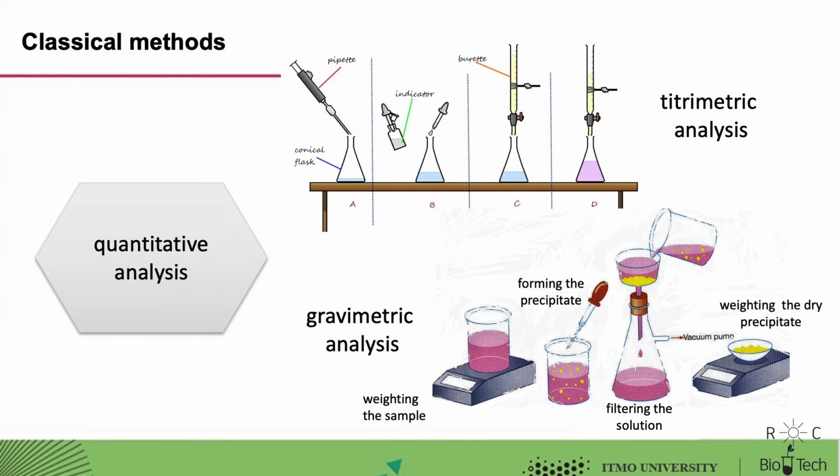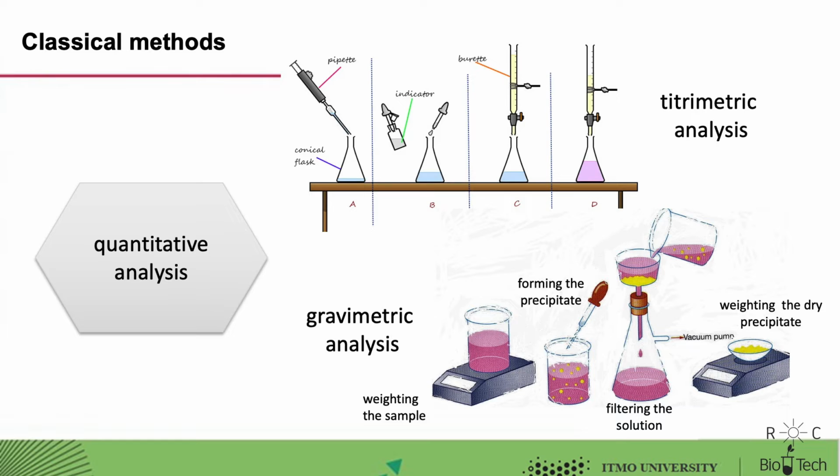The main classical quantitative methods in analytical chemistry are titrimetric and gravimetric. The titrimetric method of analysis is based on measuring the volume of a reagent solution of exactly known concentration consumed for the reaction with the substance being determined. The law underlying it is the law of equivalence.